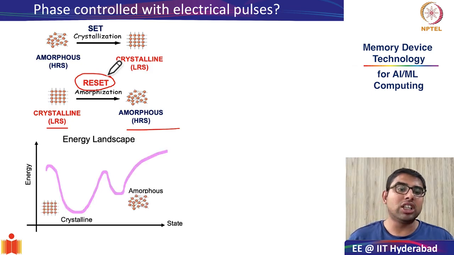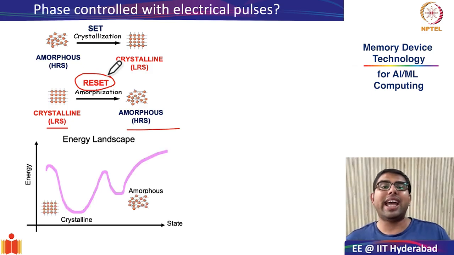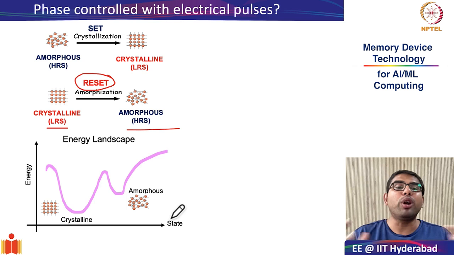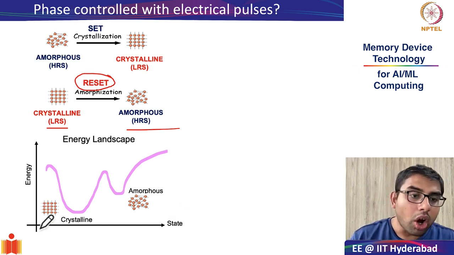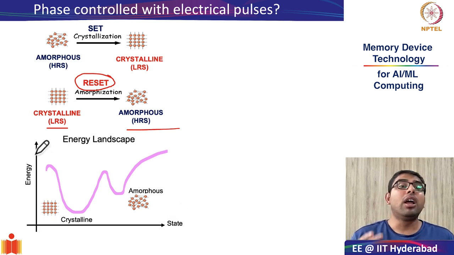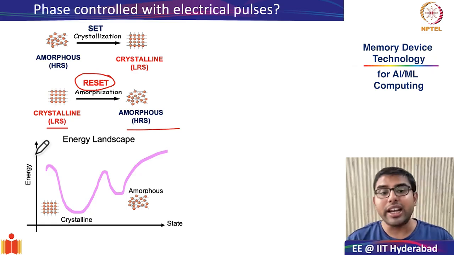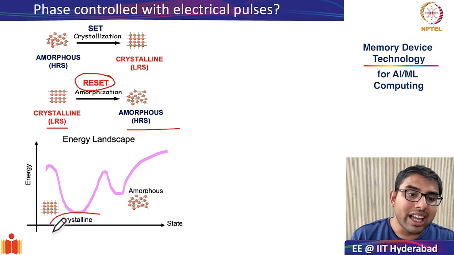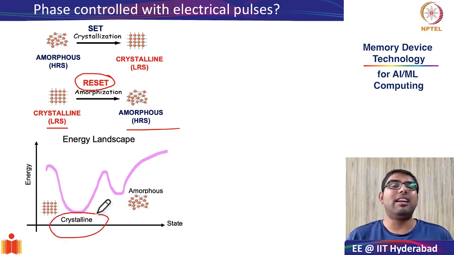To understand this, we need to look at the energy landscape of the crystalline and amorphous phases. On the x-axis, we have different states, and on the y-axis, we have the energy configuration of these states. As we have been studying in our basic physics lectures, why does a solid form a crystalline lattice?